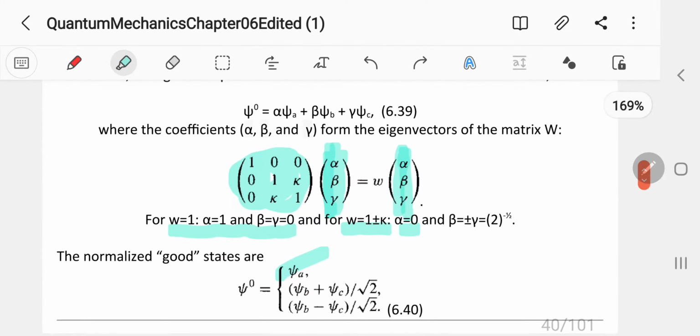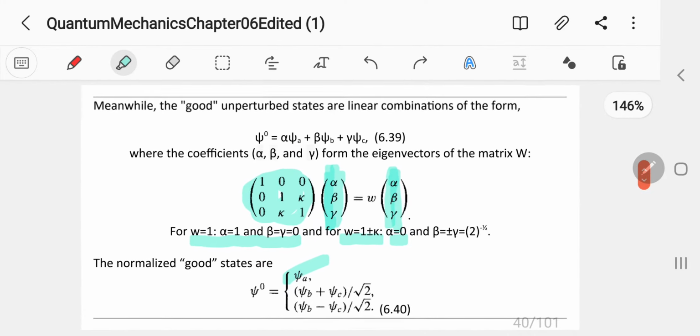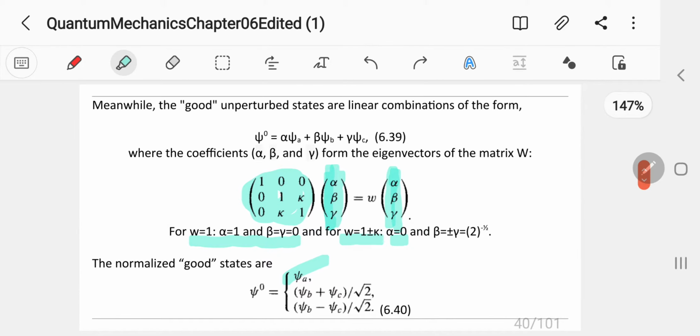So you will have these two wave functions. So our wave functions and our energies have been corrected.